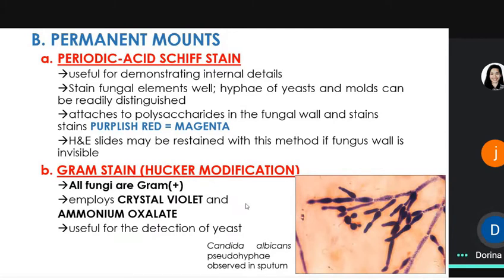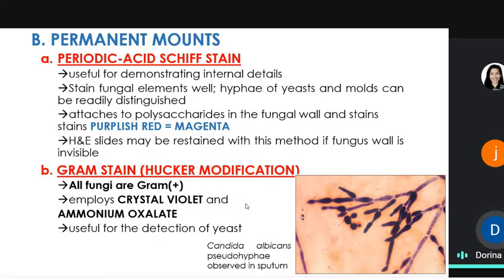Diba? Pareho sila ng shape. And also, pag nakakita ka ng hyphae, kung paano mo masasabi na fungal hyphae dyan, over, kunyari, gram stain mo lang lahat yan, over naman sa bacilli. So, yung size nila magsasabi na sa atin kung yan ba ay bacteria o yan ba ay fungi.